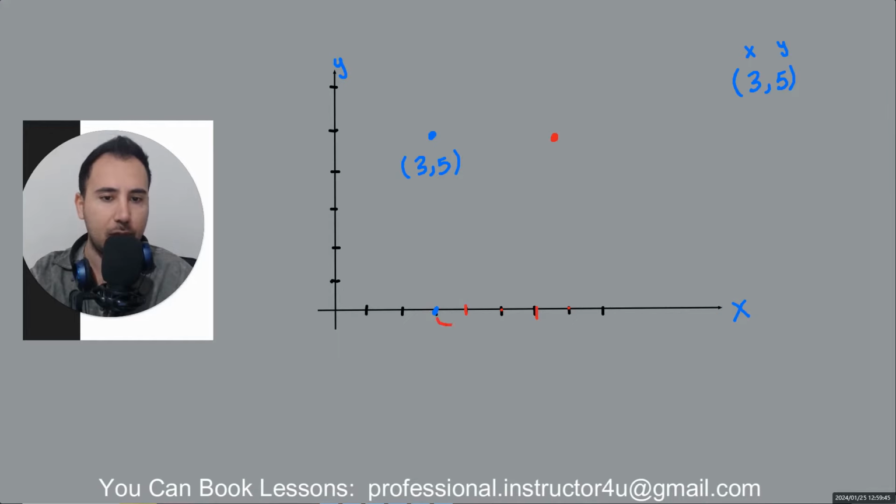And I went 1, 2, 3, 4. So this number will be plus 4. So this one will be 7, but the y value 5 never changes, because both of these 5s are on this line, which is 5. So when you go to the right, x becomes more. 3 plus 4 is 7.